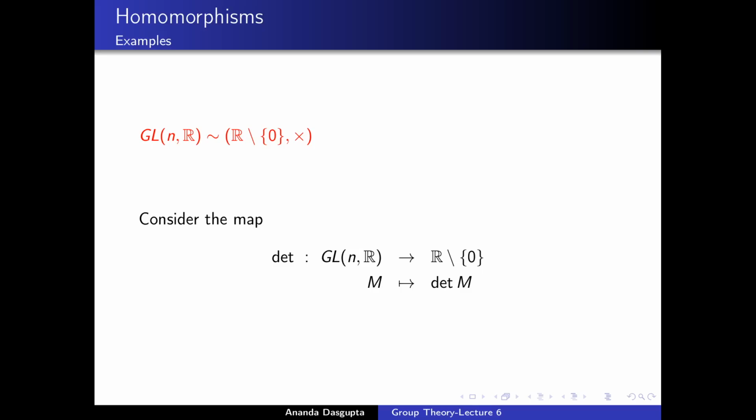All this is saying is, if you take two matrices M1 and M2 and you multiply them using the standard rule of matrix multiplication, which is the product in the set GLNR, then determinant of M1 M2 is simply det M1 times det M2, where the times in the second case is simply the actual multiplication of real numbers which you use in the second group.